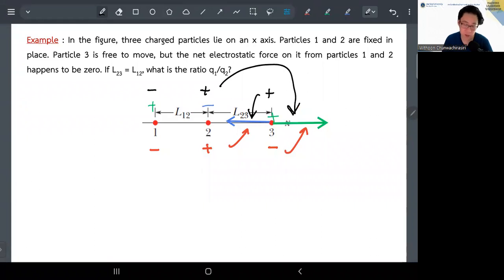And now you can list the last combination if you like. If I assume that charge number 3 is negative and charge number 1 is positive, you get an attractive force, which is the blue. And then it forces you to conclude that charge number 2 must be negative to give you the green. All right, and that concludes all of the 4 possible cases.